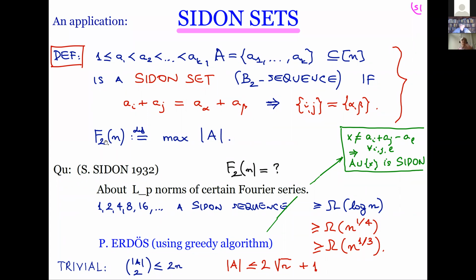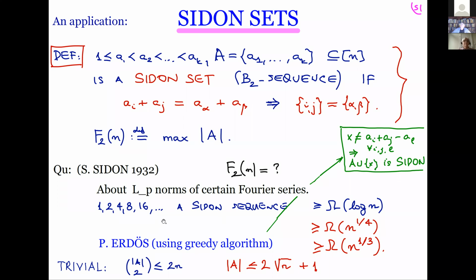And the question of the size of the largest Sidon set was proposed almost 100 years ago. It's very interesting that Sidon himself, and also Erdős, were students of Fejér, and so they had to learn Fourier series. Sidon got this Sidon set investigating some Fourier series problems.